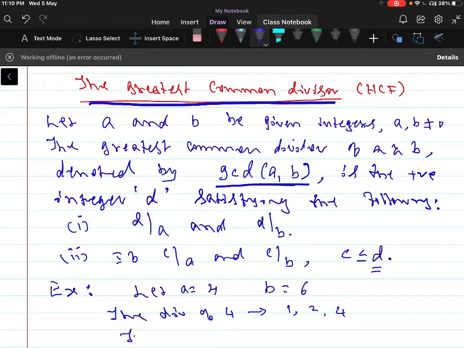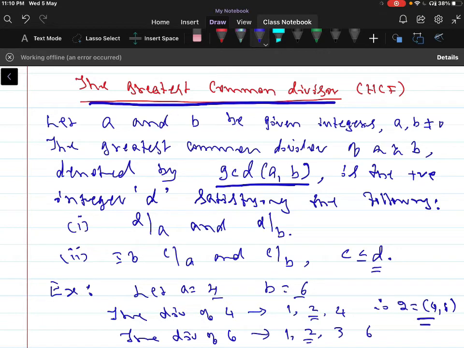Then the divisors of 6 are 1, 2, 3 and 6. Here you can observe that the highest common divisor of both 4 and 6 is 2. Therefore, 2 is the GCD of 4, 6.